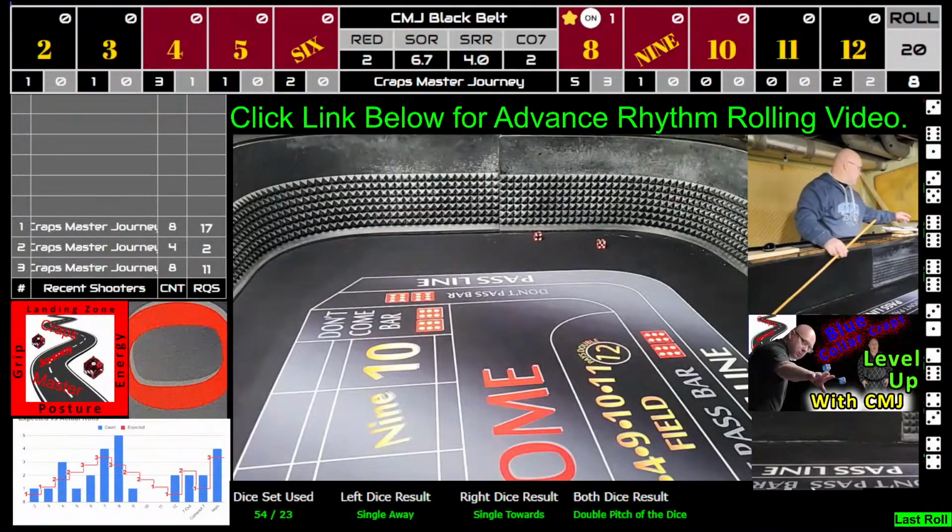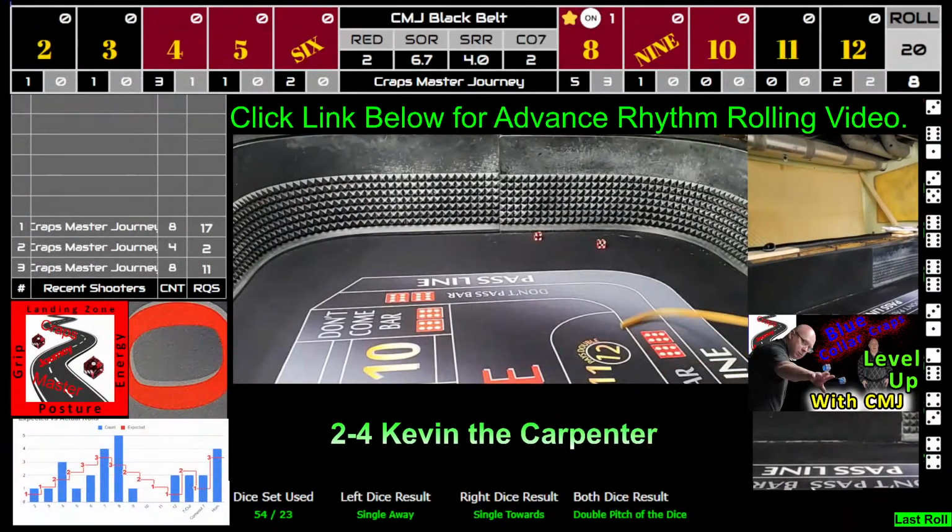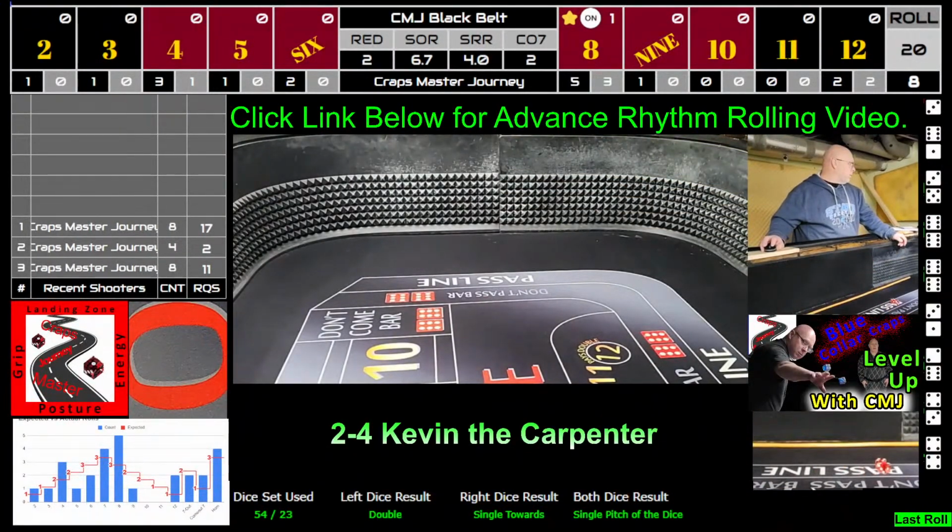2, 4, 6. A Kevin the Carpenter 2x4. And that one actually felt comfortable as a throw. 5, 4, 2, 3. It's gonna be a single pitch of the dice. Bottom and back side.